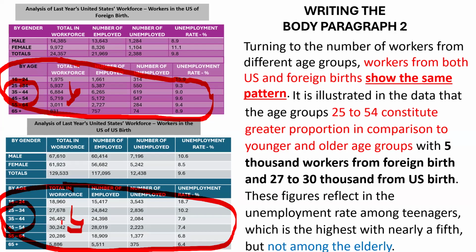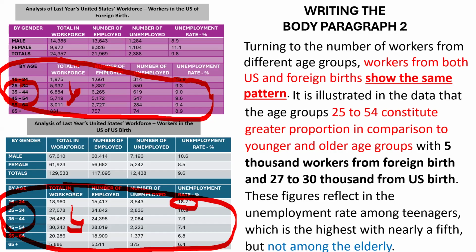and 27 to 30,000 from US birth. So these figures reflect in the unemployment rate among teenagers. Because the workforce is high in ages 25 to 54, obviously the unemployment is among teenage groups from 16 to 24.